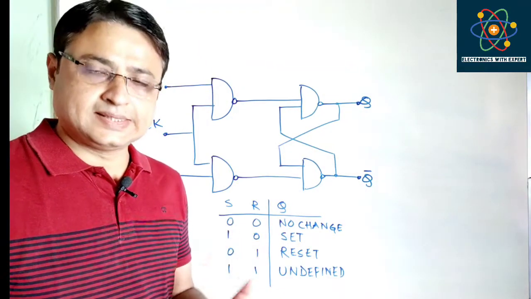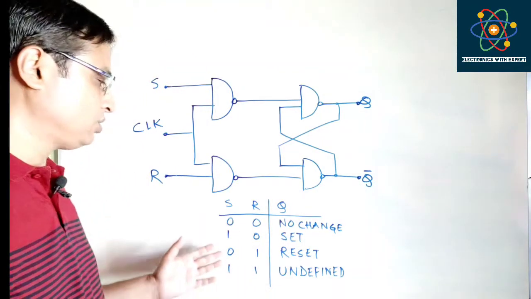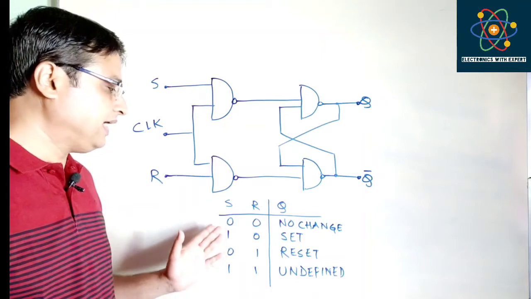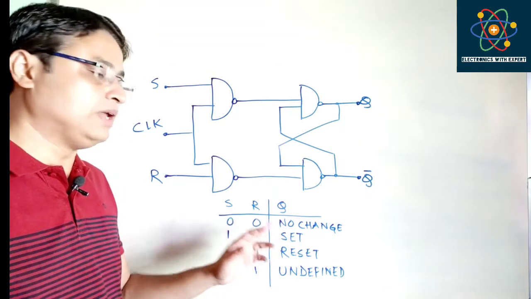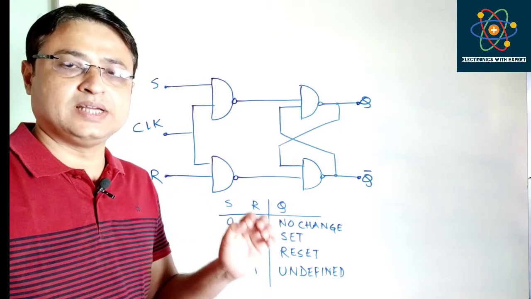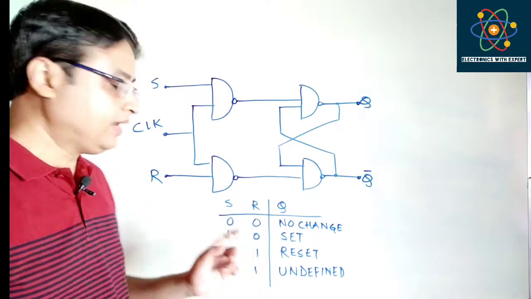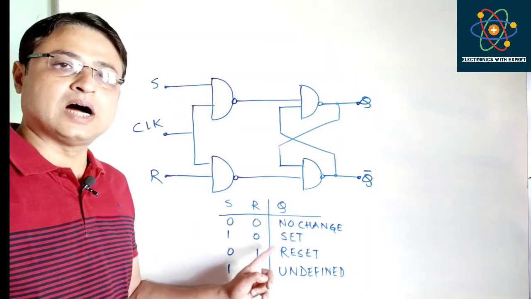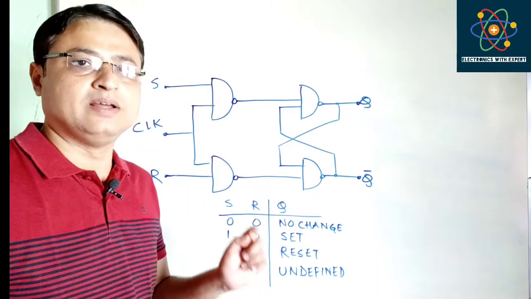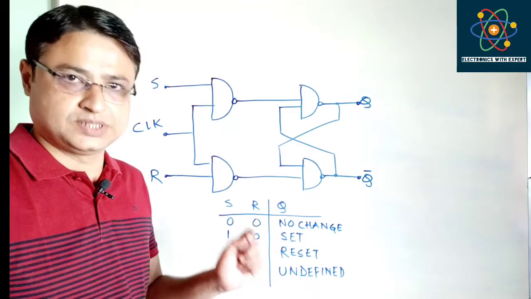Now for an SR flip-flop, the truth table looks like this. When S=1, R=0, the circuit output will be set. Set means it will be 1. When S=0, R=1, the circuit output or the Q output will reset, that is, it becomes 0.